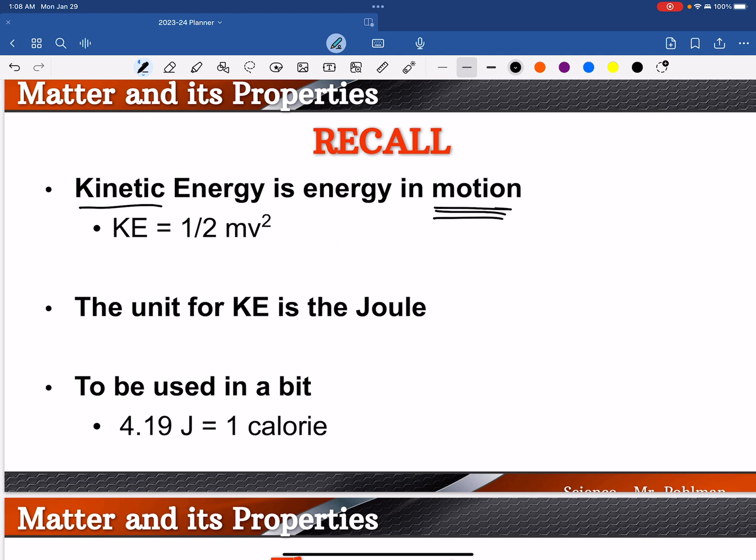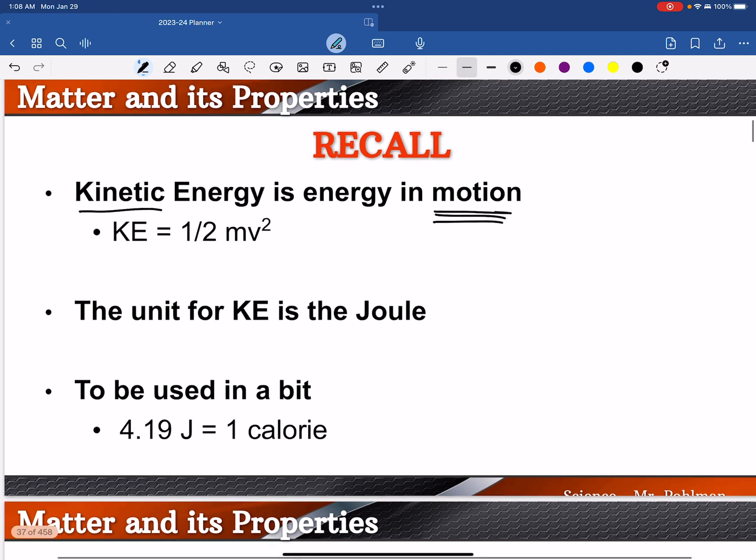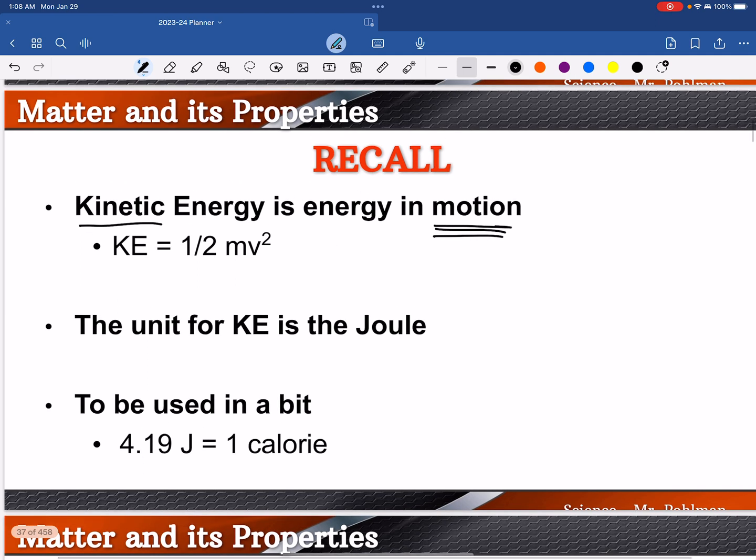So just as a quick recall, when we're talking about kinetic energy, kinetic means that something is in motion. And from the first half of the year, when you guys really loved the physics stuff, you had a formula that was 1/2 mv squared. If we're talking about energy, particle motion, a car moving down the street, you're talking about something moving. We used the unit joules in the first half of the year to describe work and energy.